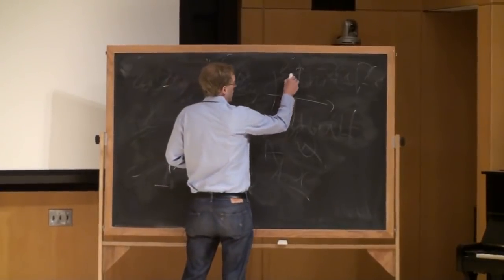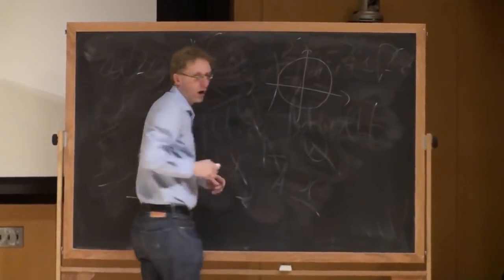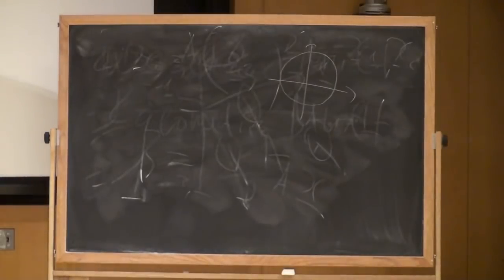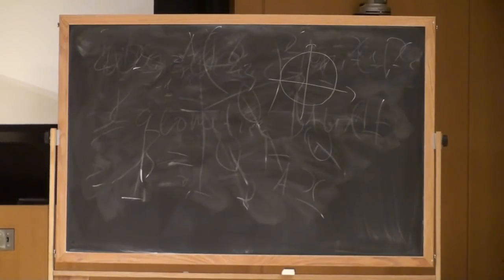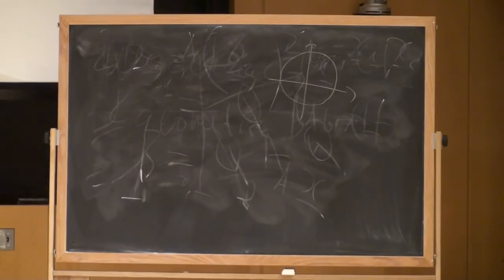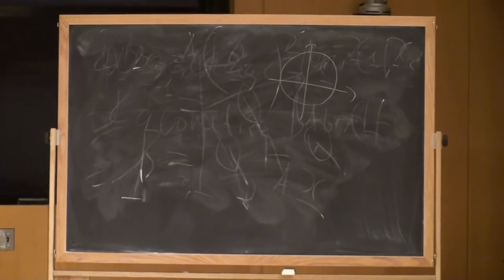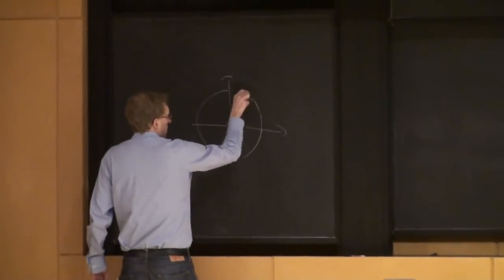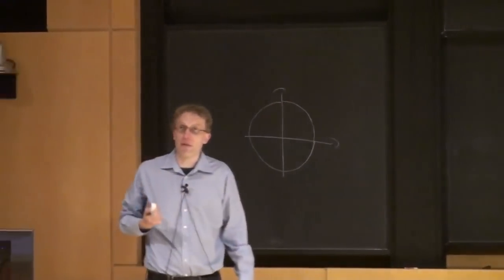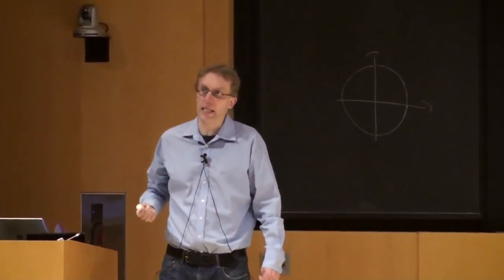The L2 regularizer says you have a ball around the origin, and maybe let me move this up after all. So the L2 regularizer is a ball around the origin, and what you're essentially saying is that the solution has to lie within this ball, and this is how you control complexity.